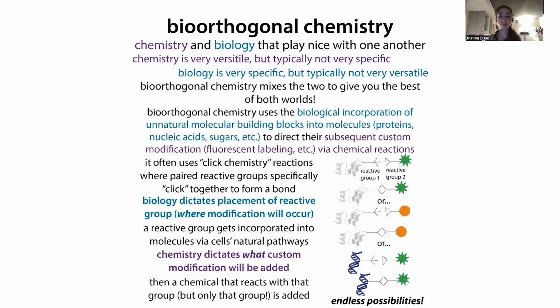This idea of bioorthogonal chemistry is basically taking advantage of biology to install chemical groups that can then be reacted with using chemical reactions, but in a really specific way. The chemistry is not interfering with the biology, and the biology is not interfering with the chemistry, but they're able to have these really specific linkages using a sort of click chemistry approach.